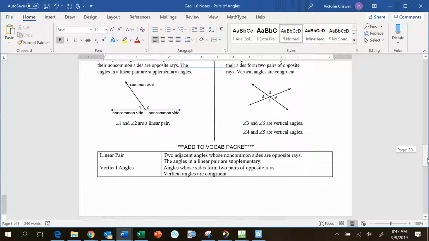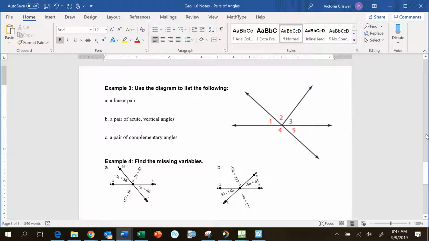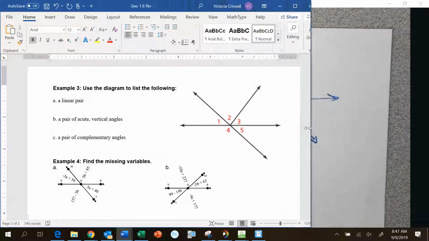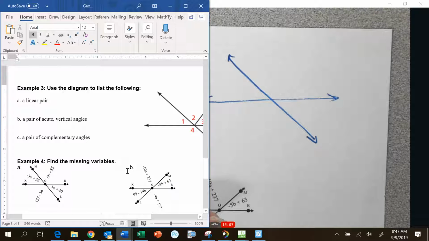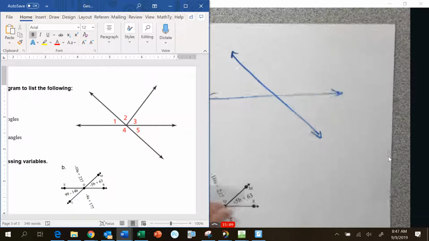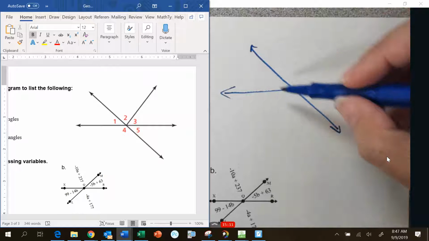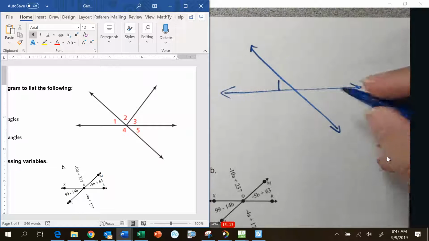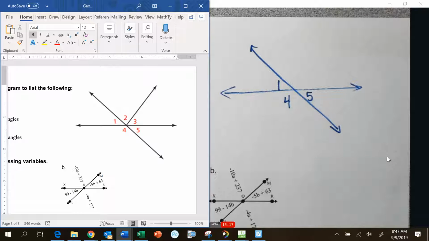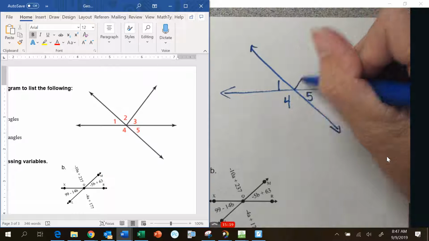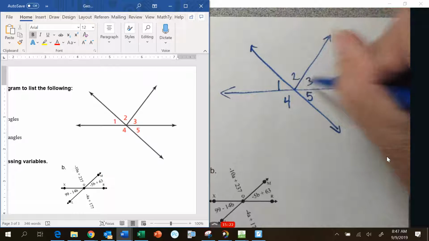Oops. Oh my gosh, you could have totally copied it by now. I was just trying to do this. There we go. I can copy it. All right, so I've got angle 1 is here, angle 5 is here, angle 4 is here. And then I'm going to draw 2 and 3 in there.